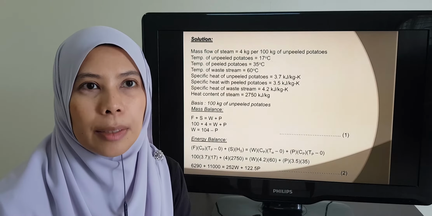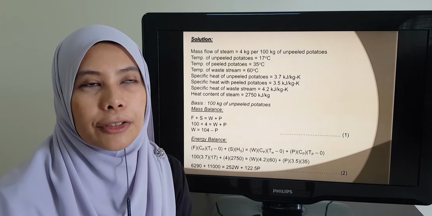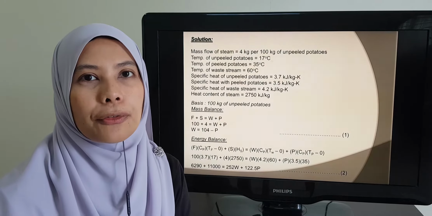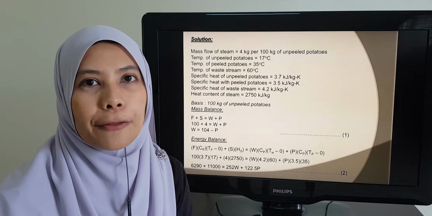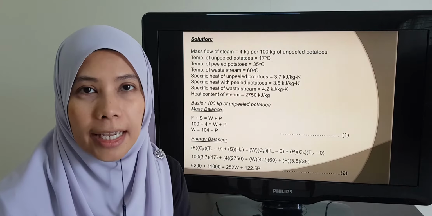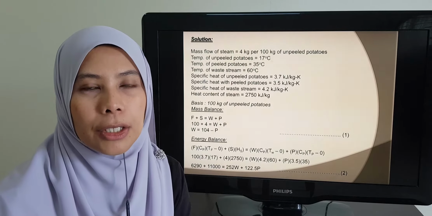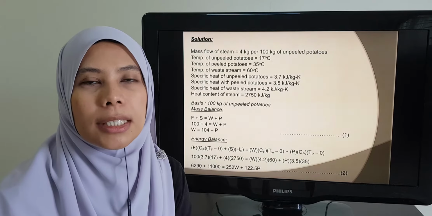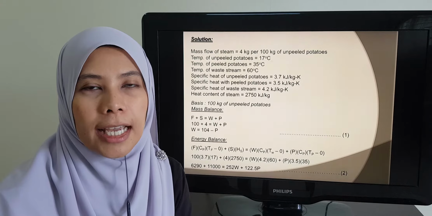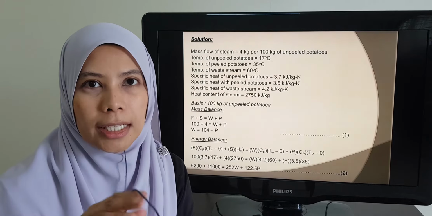For example, if I take 15 degrees Celsius minus 5 degrees Celsius, I will get 10 degrees Celsius. When you convert these two temperatures into Kelvin, you will still get the temperature difference as 10 Kelvin. So you can calculate on your own.